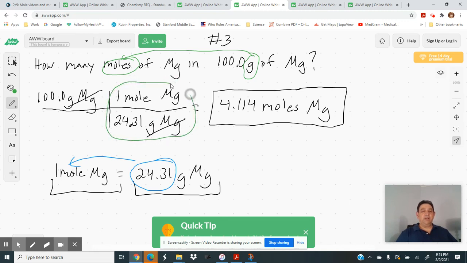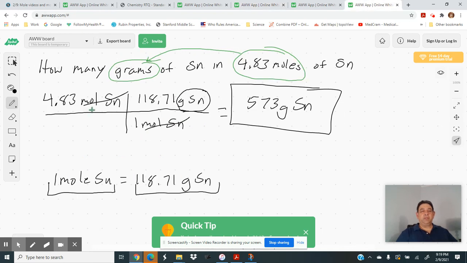But you'll notice for the problem where we turn grams to moles, we had the moles of the substance on top and the grams on the bottom. And then when we turned moles to grams, it was the other way: grams on top and moles on the bottom. You get the idea. There we go, that's how you do it.